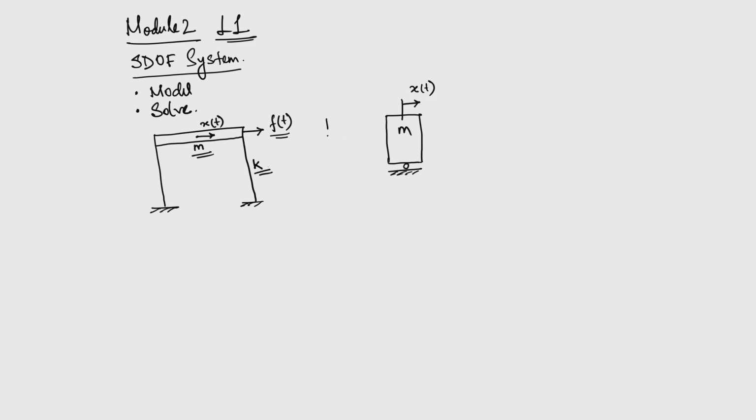Then the moment it tries to move in the lateral direction, it experiences a stiffness which is represented by this spring. And from our experience, any structural system that vibrates comes back to its equilibrium position at rest after some time. That is represented by the damper here.